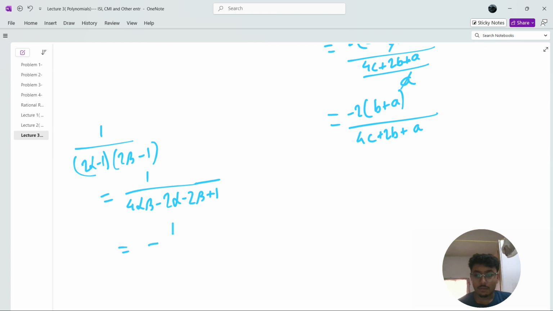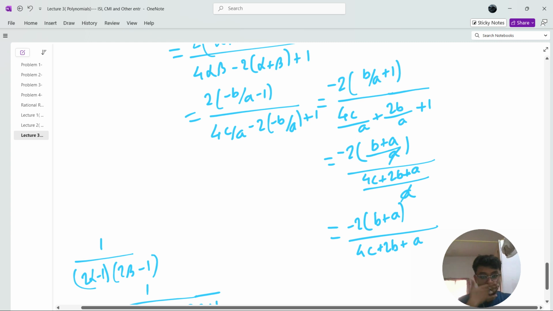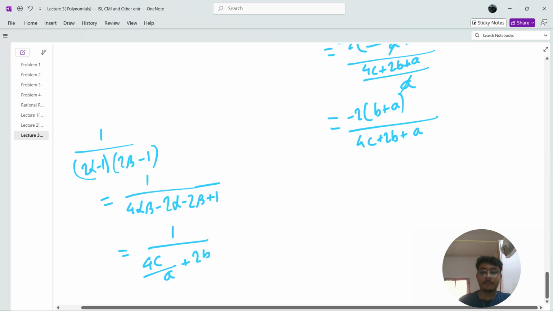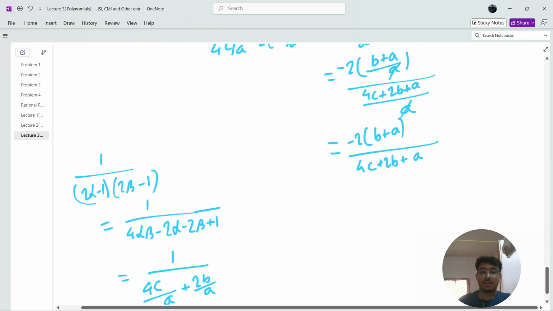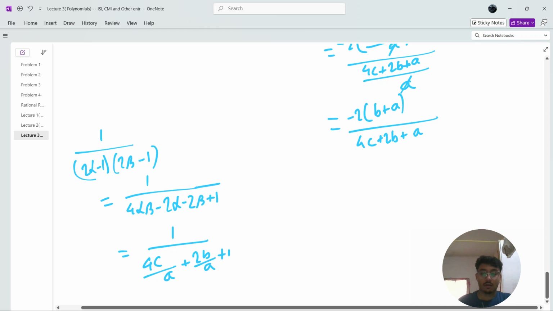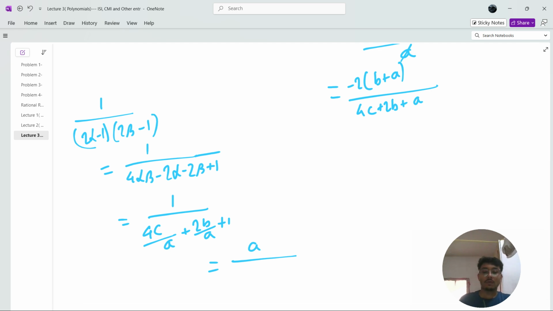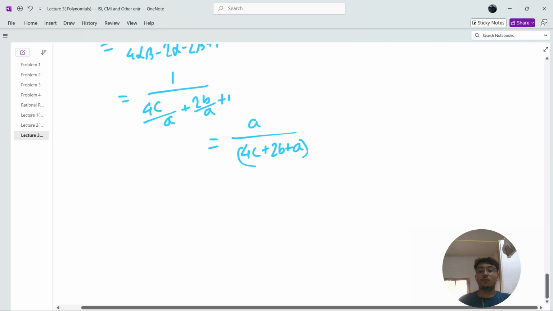Cool. So 1 by 4c by a minus 2 into alpha plus beta. So minus 2 into minus b by a, that is plus 2b by a, and plus 1. Ultimately, this is a by 4c plus 2b plus a. This is my constant term.